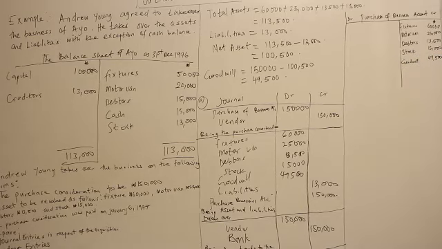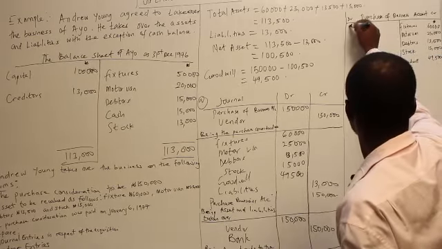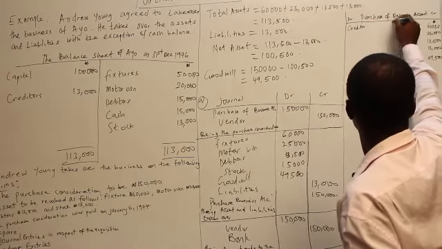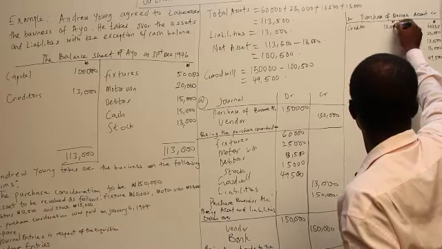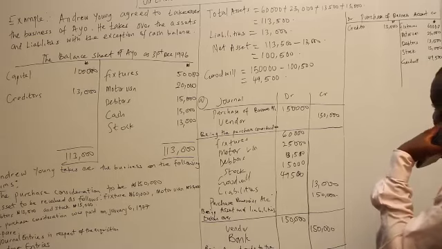The next thing, we have the creditors to be credited to purchase of business, liabilities taken over, 13,000 naira.